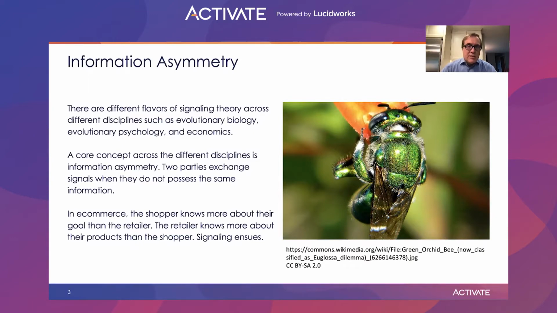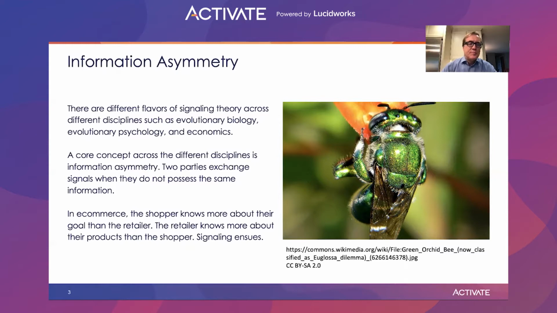And the retailer knows more about their product catalog and the quality of their products and what other shoppers have done than the shopper does. So there's this information asymmetry, and they signal each other. Goes to theory to try to account for this information asymmetry so that they can help each other in some way.